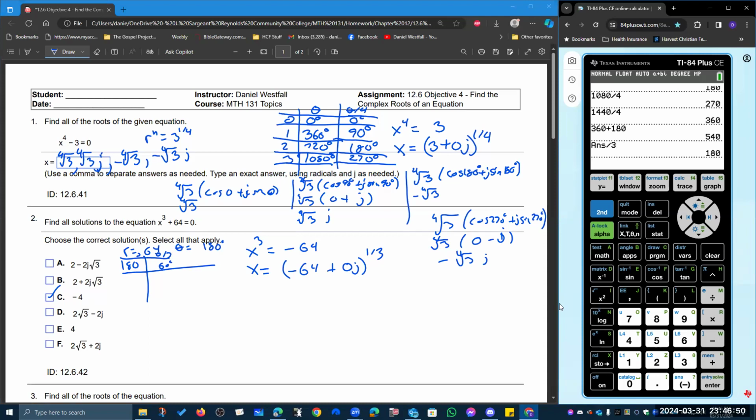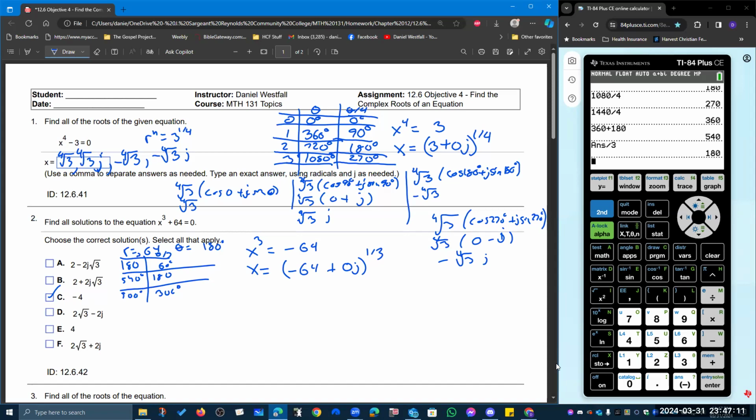Divide that by 3, get 180. I'm adding 120 degrees each time, and I'm adding 360 degrees over here. I'm going to have 3 answers. So the next one is going to be 300 degrees, and this is 900 degrees here.